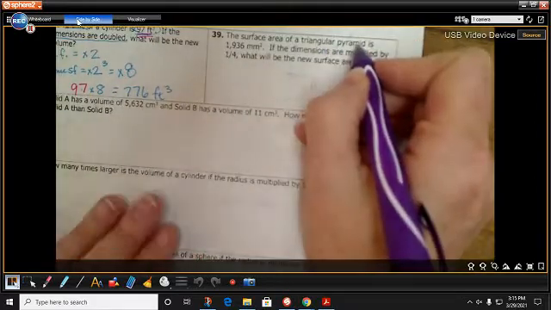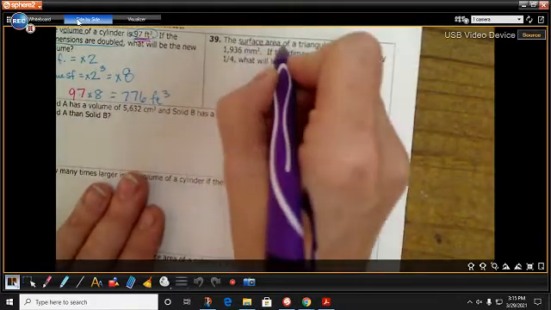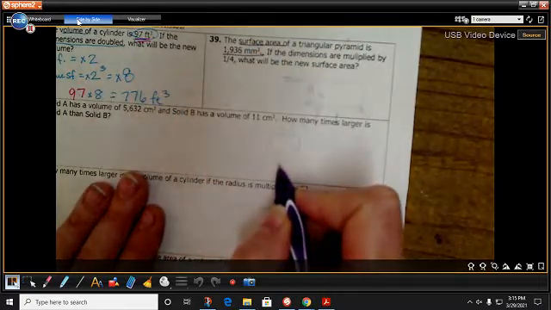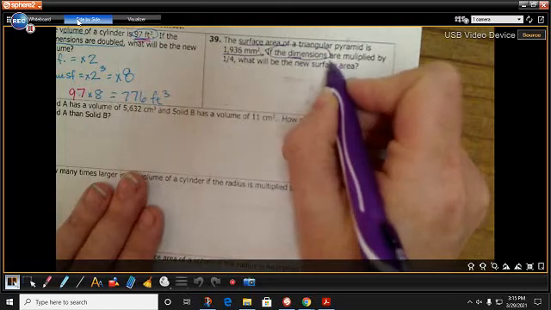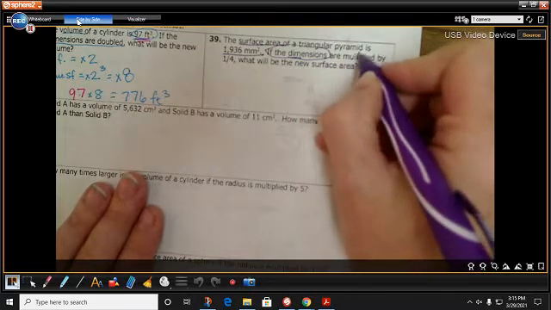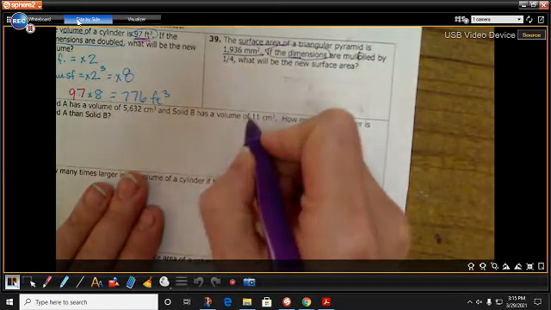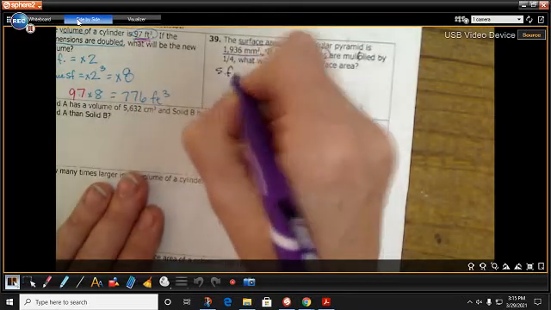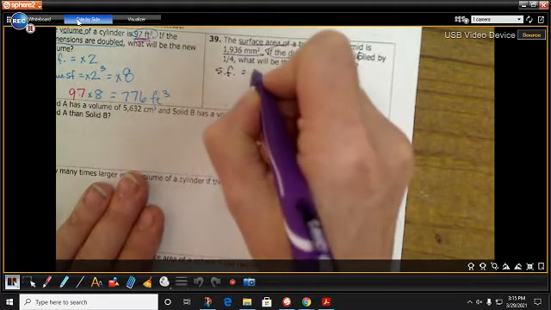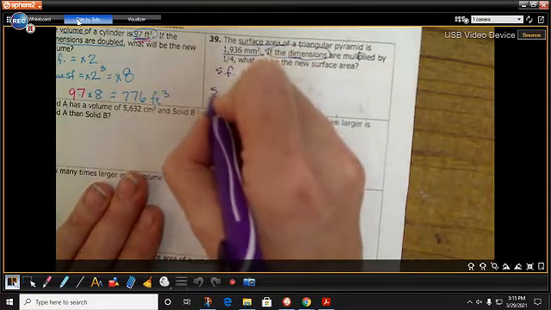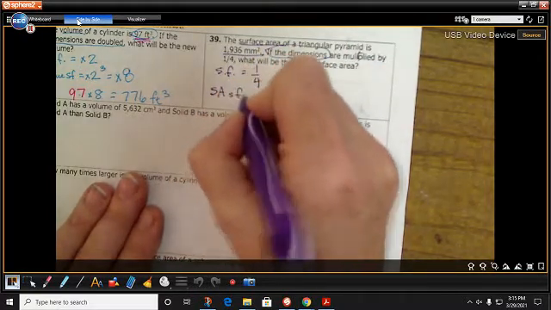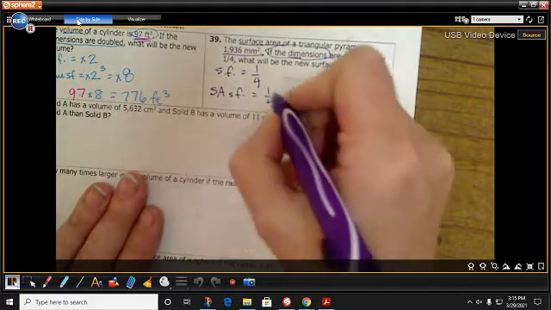For a triangular pyramid, my surface area is 1936. And I'm going to take all my dimensions, so this is a similar shape, and I'm going to multiply it by 1/4. So my original linear scale factor was 1/4. So my surface area scale factor is going to take that 1/4 and I'm going to square it.